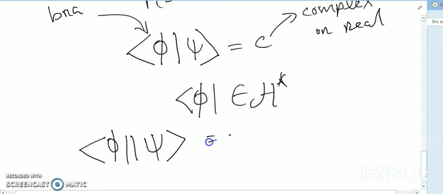So this equals, you can write, phi psi. Okay, so we have made zero mention of the inner product.